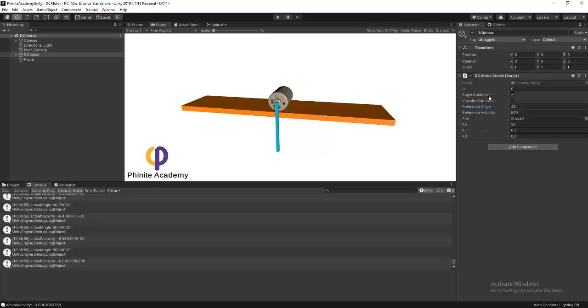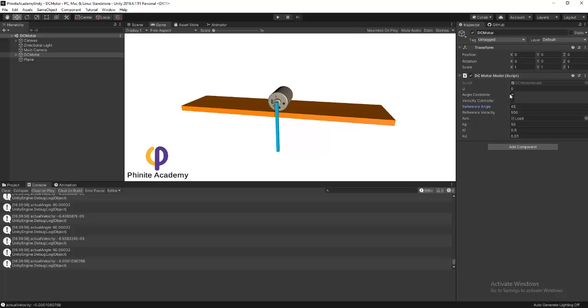If I check the angle controller, then we can set the reference angle, otherwise we implement the velocity controller design with the reference velocity value, okay? As always, the Kp, Ki, Kd values, which are the proportional, integral and derivative coefficients of the PID form, must be given in this section, okay?